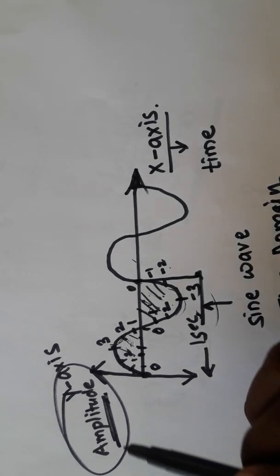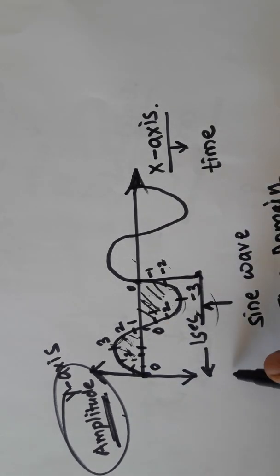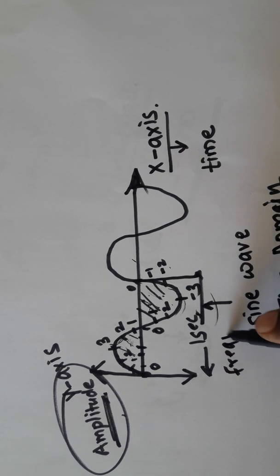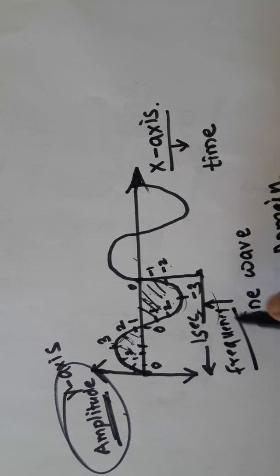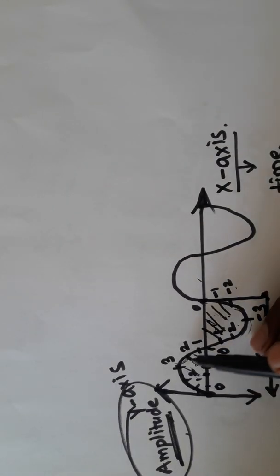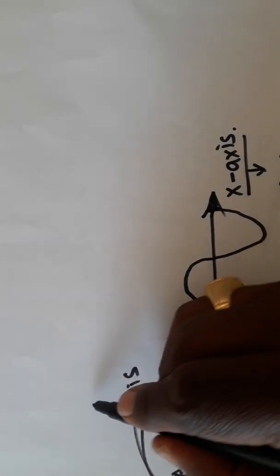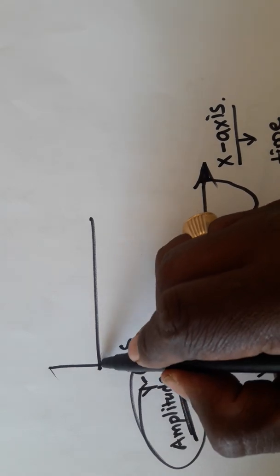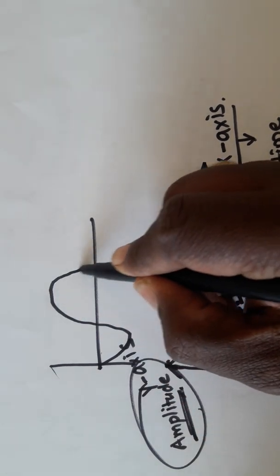So we understood the concept of amplitude, then we understood the concept of frequency. Now the third parameter is the phase. Here you are observing the nature of a sine wave. Now I am drawing another diagram over here, and the nature is like this.